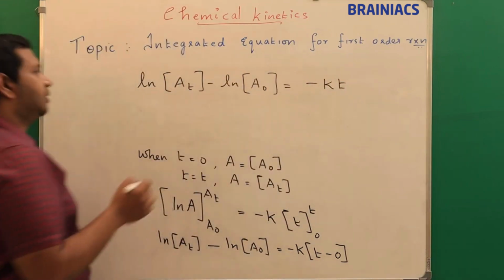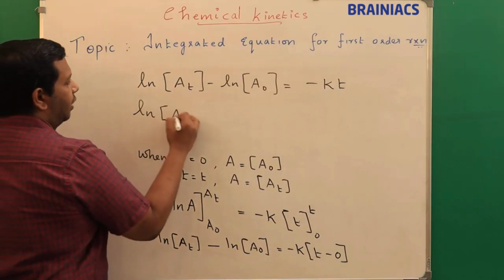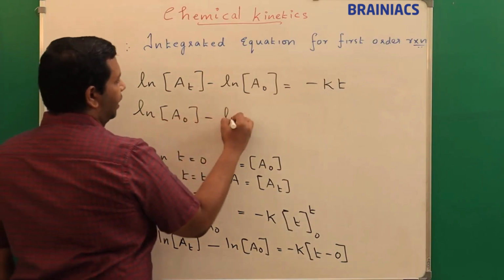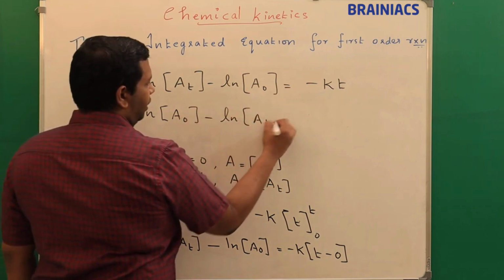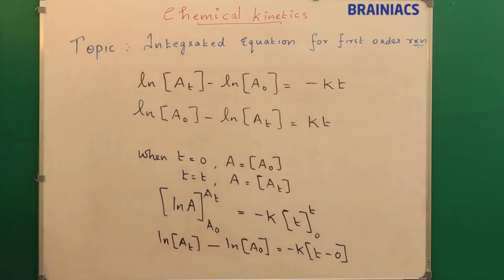So I can take the minus here. So what will happen here? I can write ln a of 0 minus ln a of t is equal to k into t. This is how I will get.